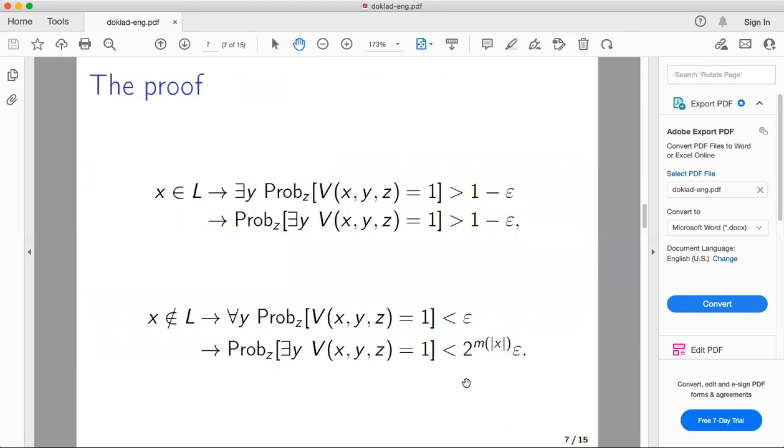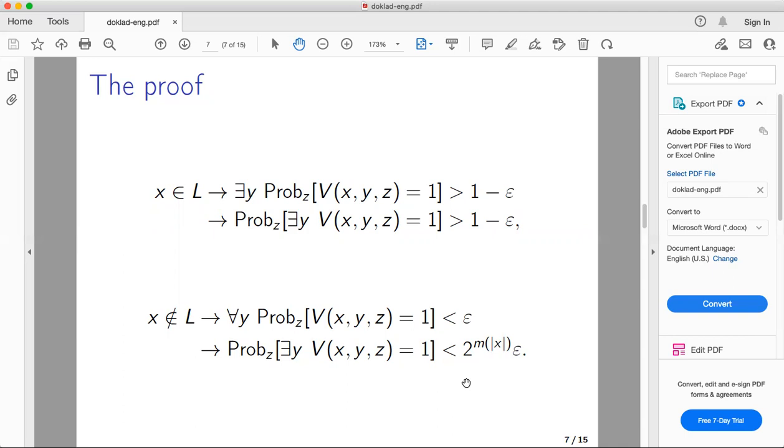Why is this? So the usual proof is as follows. The definitions of MA and AM are similar. The difference is only in the order of quantifiers. So when transforming, we cannot prove the theorem just by considering the same verifier. So assume that we have a verifier V for MA protocols.